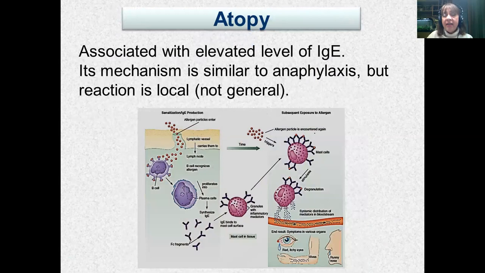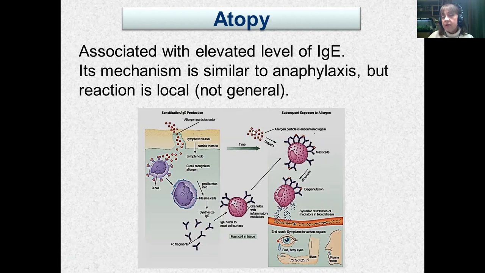The mechanism of atopy is very similar to anaphylactic shock, associated with an elevated level of immunoglobulin E. The first contact with the allergen is necessary, then activation of B cells, they turn into plasma cells, production of immunoglobulins E, which attach to the mast cells. This is the first step of the process, changes in the immune system, but no symptoms.